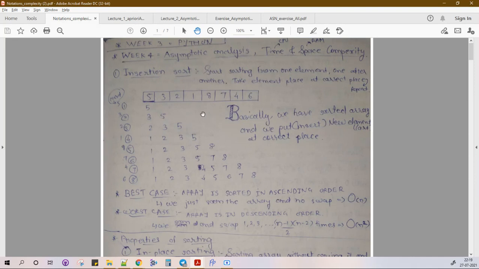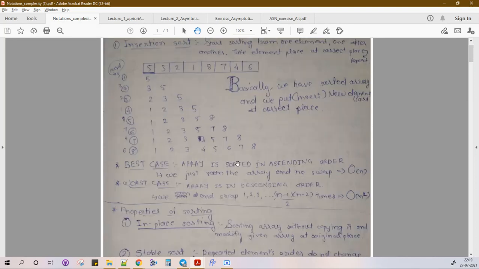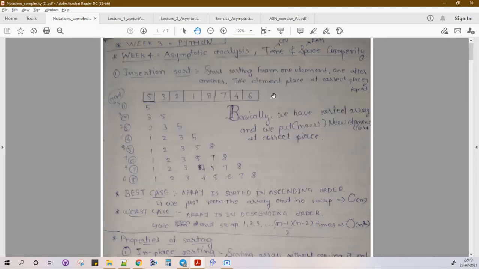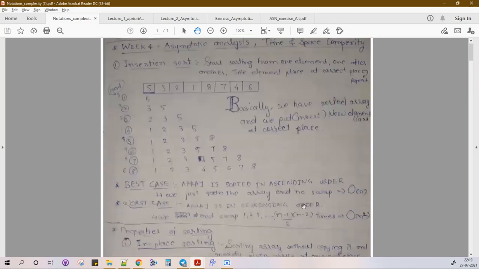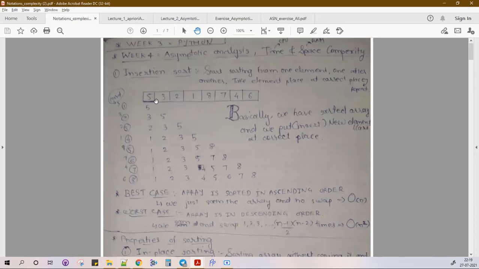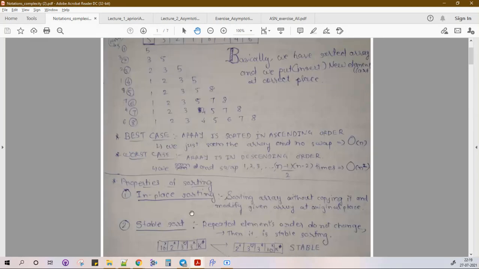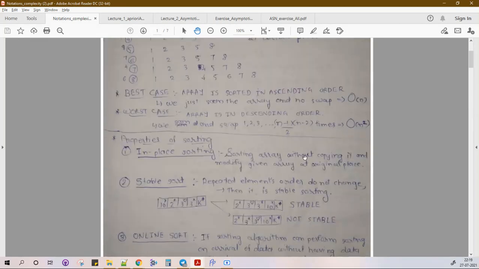Given the array, if we are sorting in place, that means at that memory location only, then it is called in place sorting. Insertion sort is in place sorting, right? Because we are just shuffling these elements in the array itself, not copying the array somewhere else and then sorting it. That means sorting the array without copying it and modifying the given array at the original place.